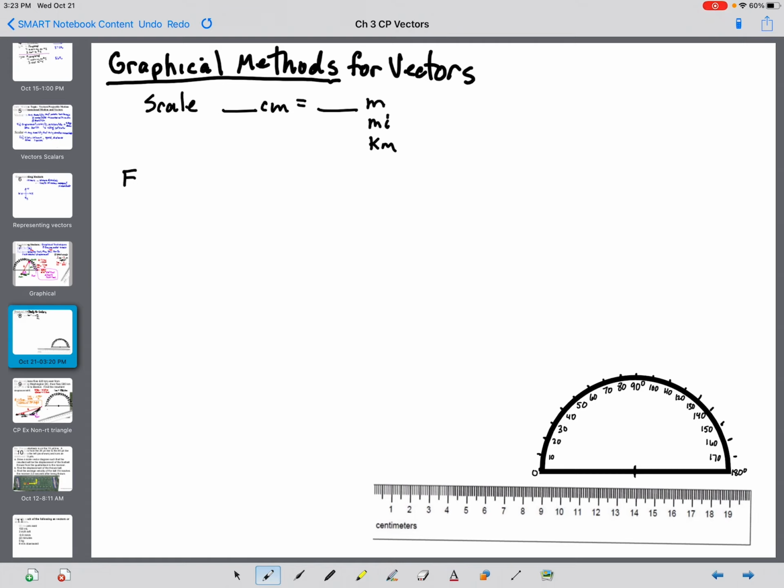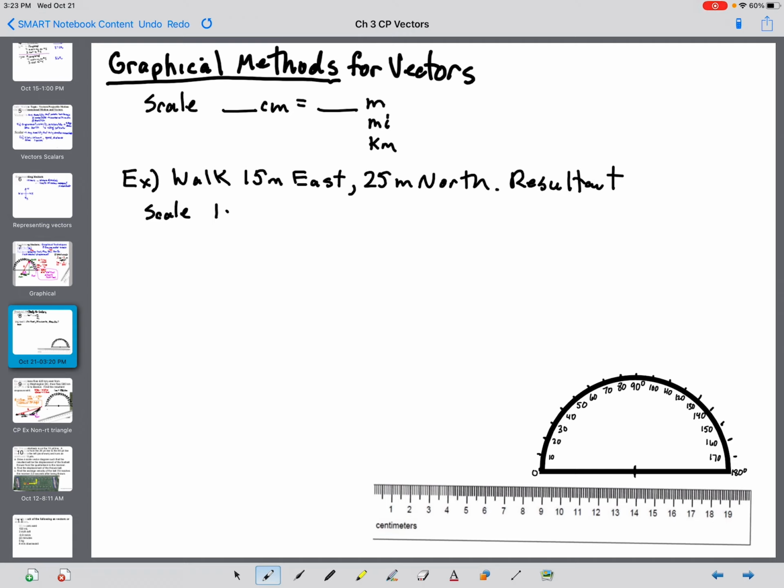So then, for example, suppose I tell you to walk 15 meters east and 25 meters north, and we want to find what the resultant is. Well, obviously a 15-meter line and a 25-meter line are not going to fit onto your paper, so then you can set a scale.